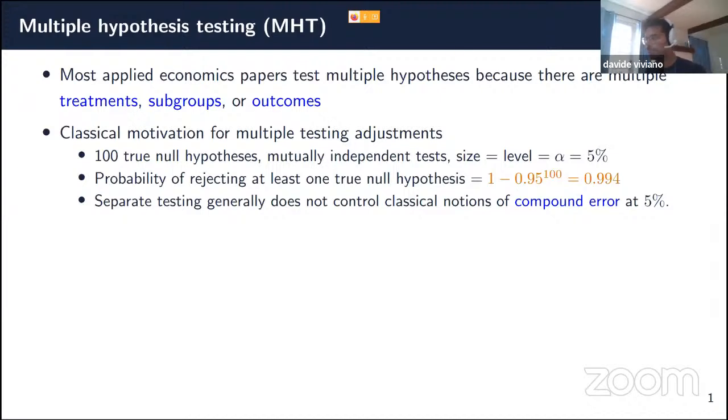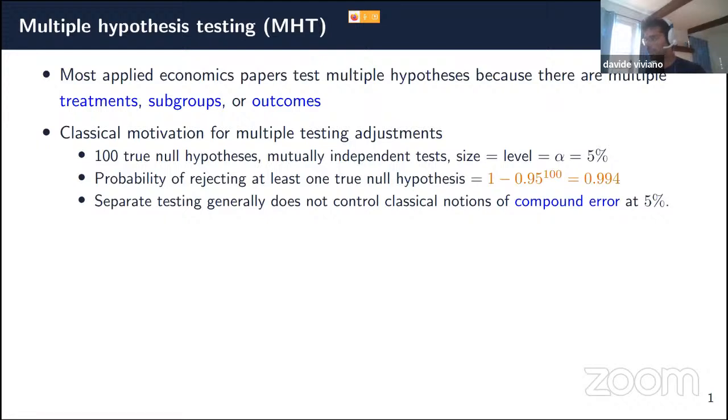Now, there is a very intuitive explanation of why we want to adjust inference for multiple hypothesis testing. Let's consider a simple setting where we have 100 true null hypotheses, and we're going to test each of these with mutually independent tests. Each test is going to have a size of 5%.